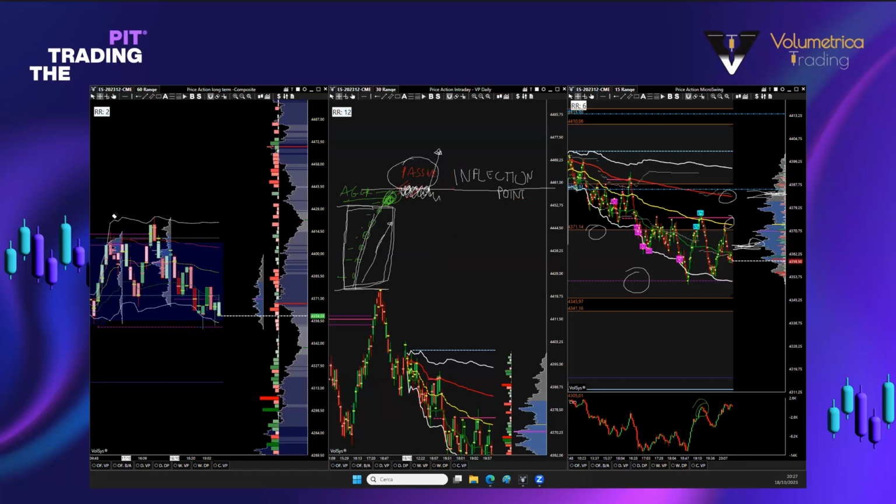Because during absorption, or at least whilst absorption is still going on, we could also have a temporary battle of aggressive buyers buying and passive sellers selling, leading to aggressive buying being even stronger than passive sellers.